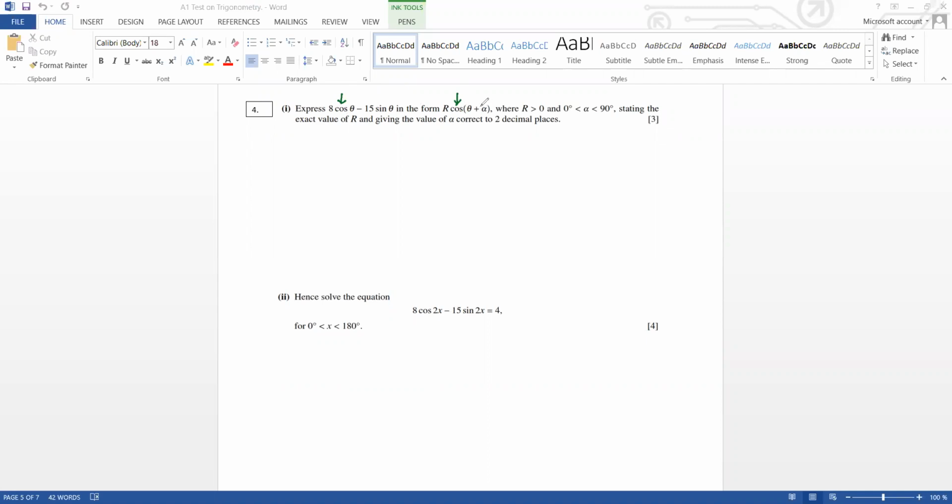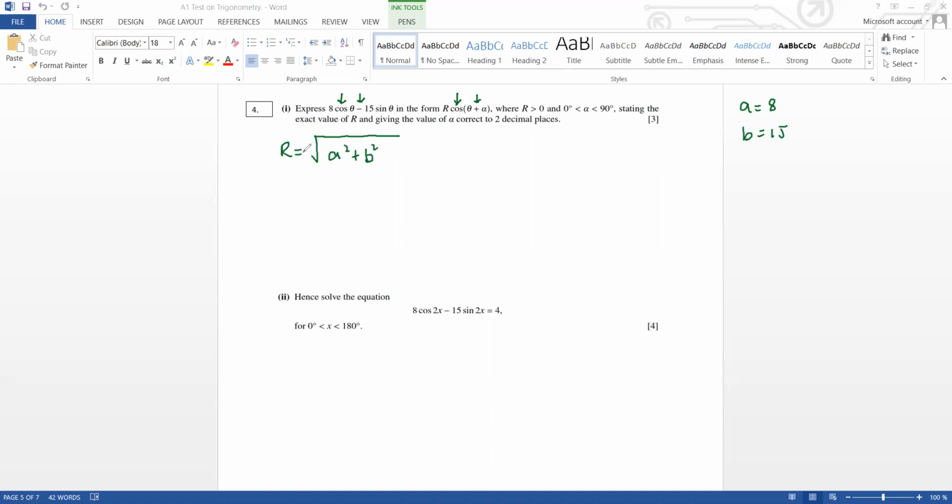And secondly, when you're writing this in terms of cos, if there is a plus between them, there has to be a minus between them. So all these conditions are being matched. This means your A is going to be 8 and your B is going to be 15. And we have the rule that R is the square root of A square plus B square.